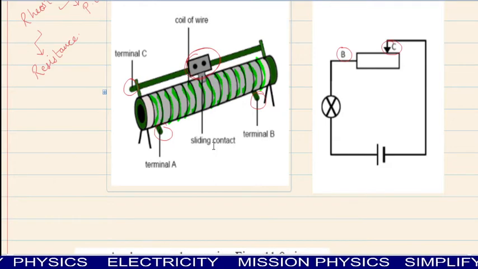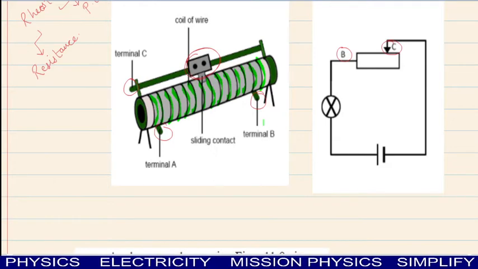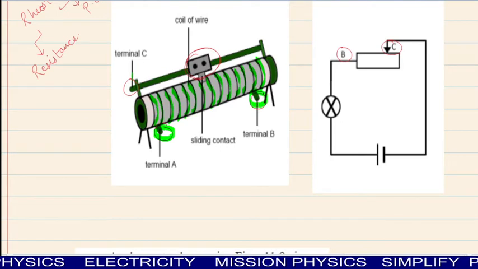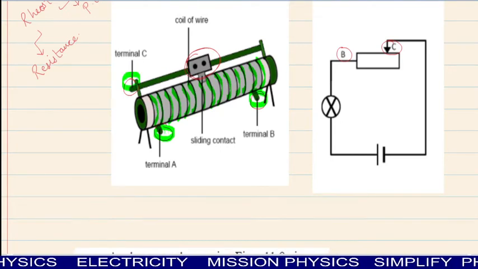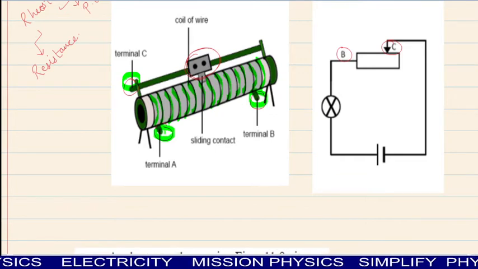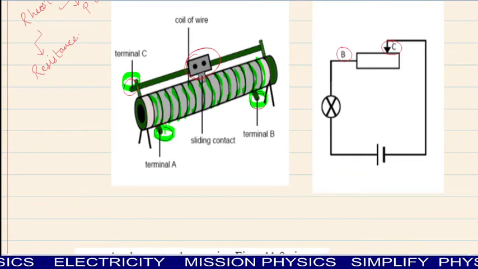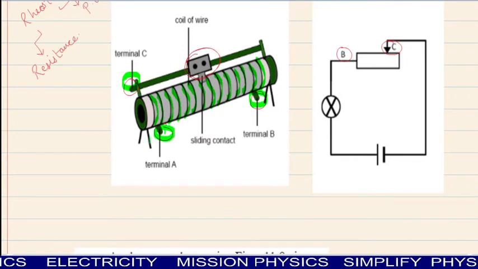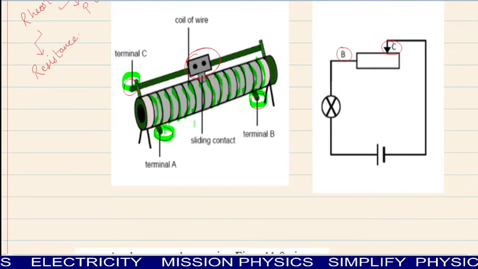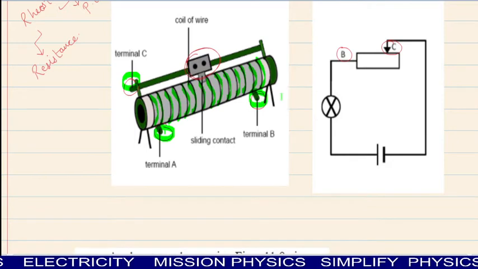This is the figure. तीन टर्मिनल्स होंगे, टर्मिनल A, टर्मिनल B एंड टर्मिनल C. जब आप सिमिलर हाइट के दोनों टर्मिनल्स को यूज करेंगे, मीन्स टर्मिनल A एंड टर्मिनल B, then it will be used as a voltage adjusting device or to find the terminal potential difference.